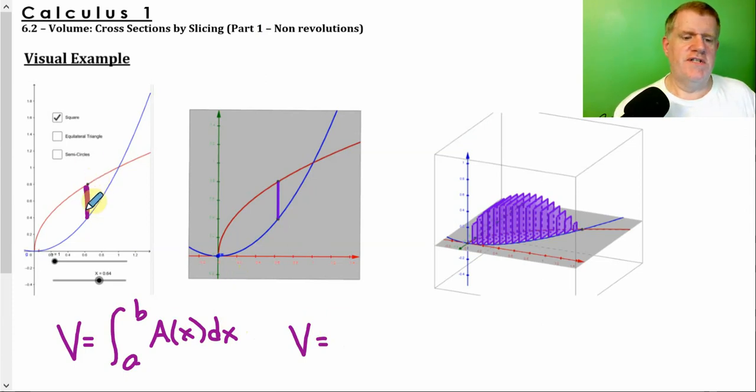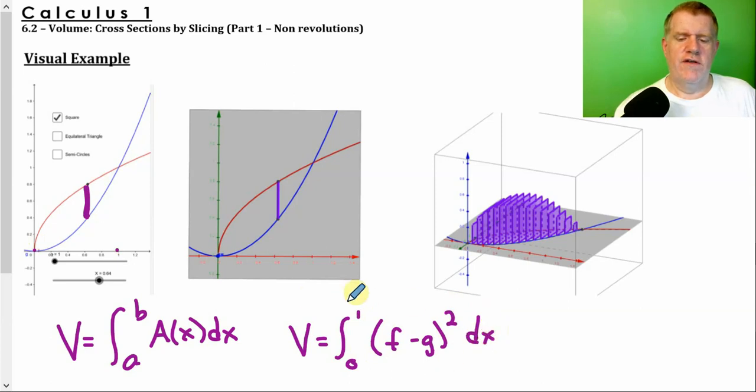This distance here represents one of the sides, and the height, we're going from 0 to 1. Now this particular distance from here to here was the function f minus the function g, squared, with respect to x. This formula here would give us the volume of this shape here.